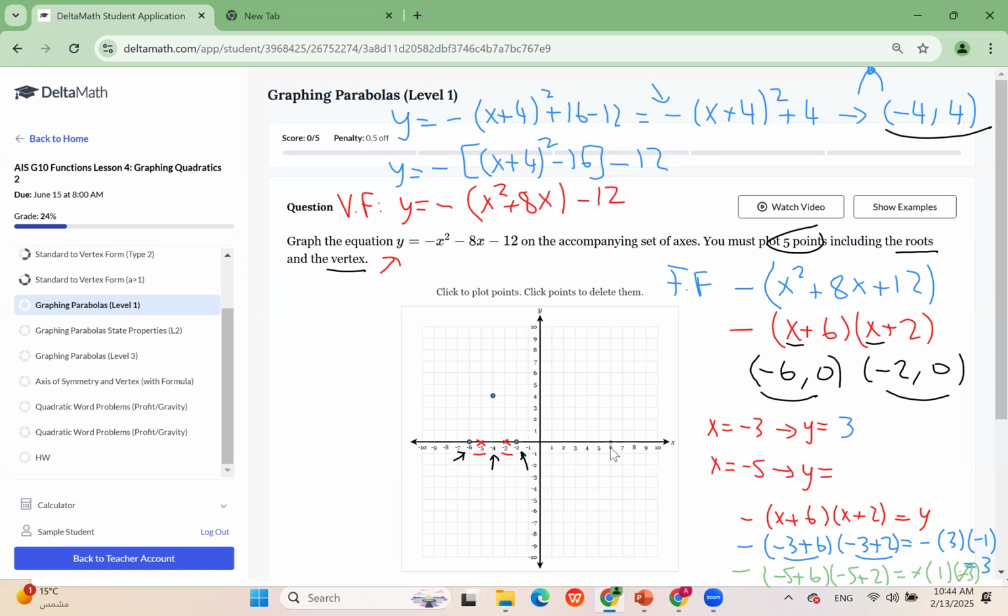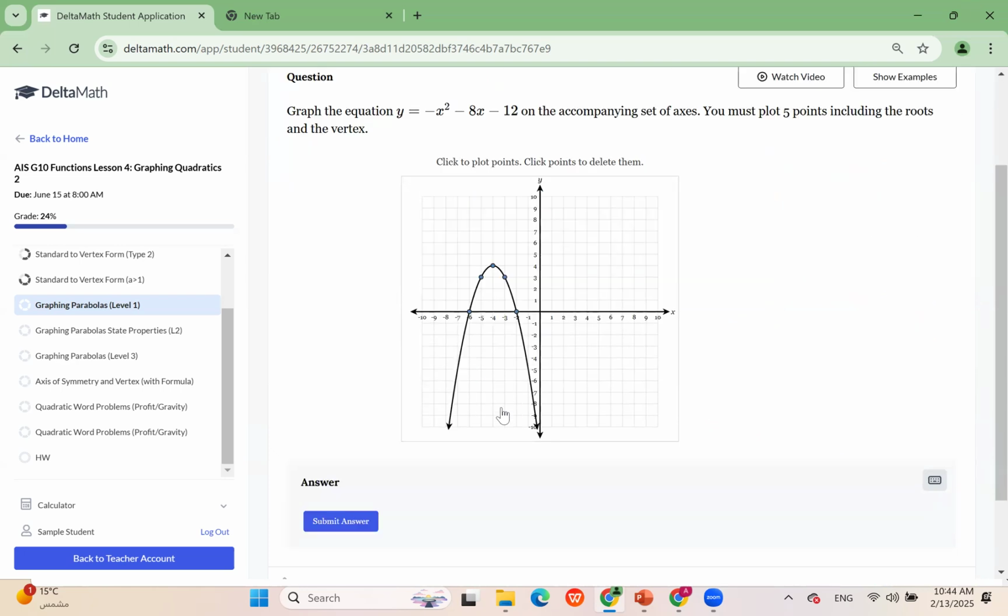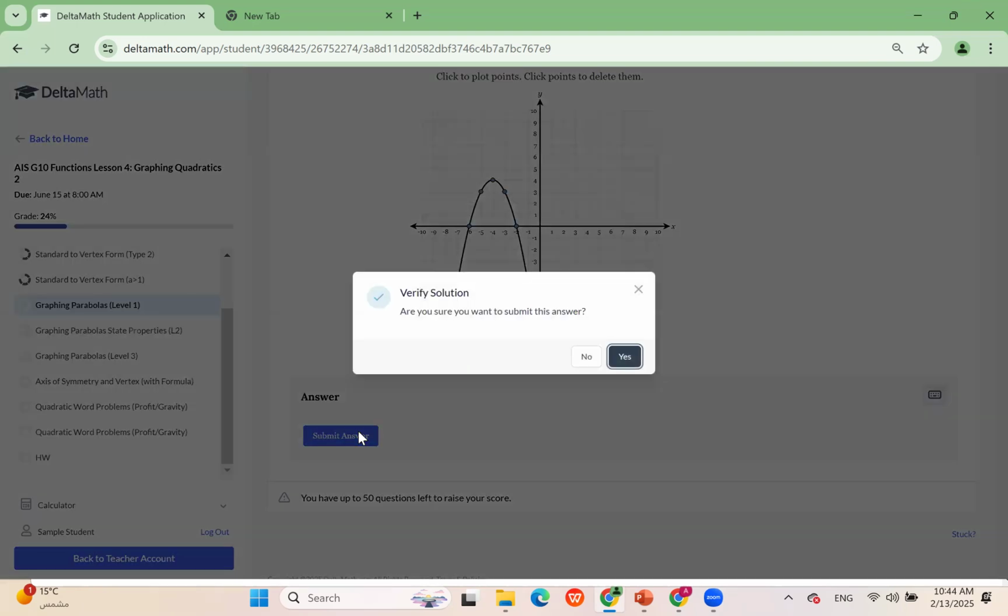So we have y equals 3 here as well. So our last 2 points are negative 3, 3 and negative 5, 3. So we're just going to plot them here, negative 5, 3 and negative 3, 3. And Delta graphs the parabola for us. And we can just submit the answer like this.